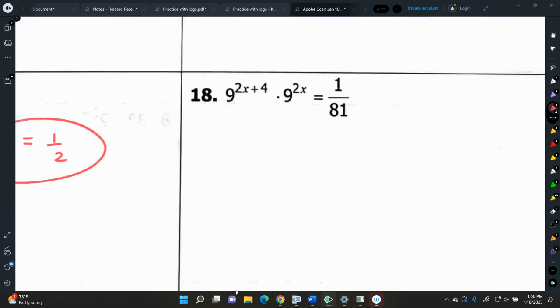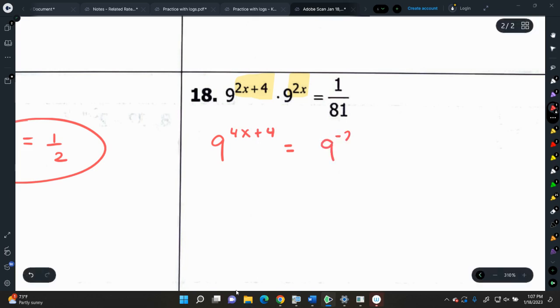Okay. How about this one? What's the left side going to look like? Yeah, I'm going to add the exponent again, right? 2x plus 4 plus 2x. So that becomes 2x plus 2x is 4x plus 4. And that equals, what? Yeah, 9 to the negative second. Right?